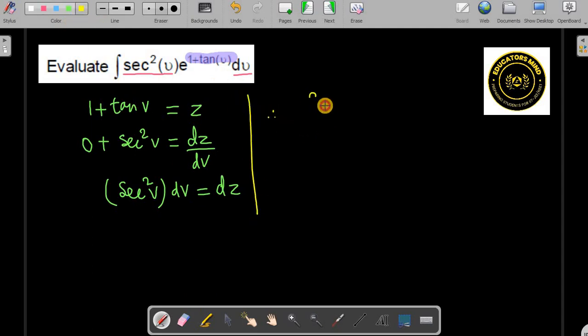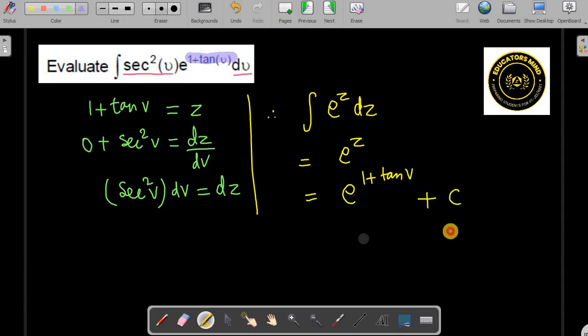Then you get this integration as e to the power z, and this becomes dz. Now so easy: the integration of e to the power z is e to the power z only, right? Then you can substitute z back, e to the power 1 plus tan v, plus the constant of integration. It's indefinite integration. It looks difficult, but it is easy.